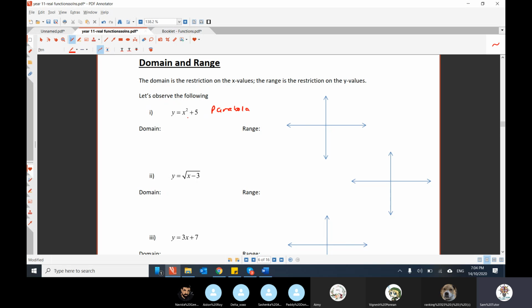It's just a happy parabola that has been shifted. To the left. Wait, up. Yeah, up.